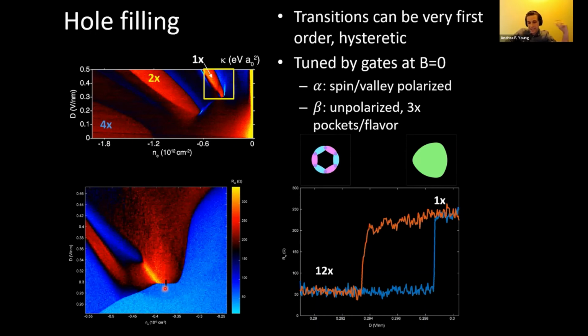This is not the same effect as what I showed you before. This is really just a first order transition as a function of gate voltage, between a polarized and an unpolarized state, and that is also hysteretic. So here I'm sweeping the displacement field across this transition, and there's a lag, and you can stabilize in either a fully spin and valley polarized phase, or one that is spin and valley unpolarized completely.